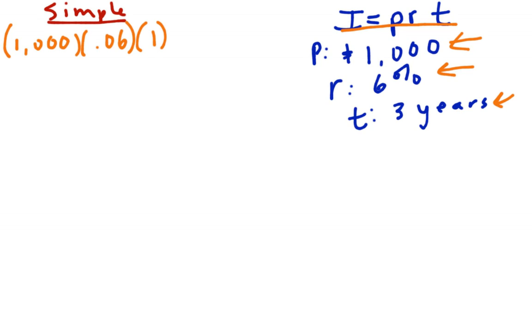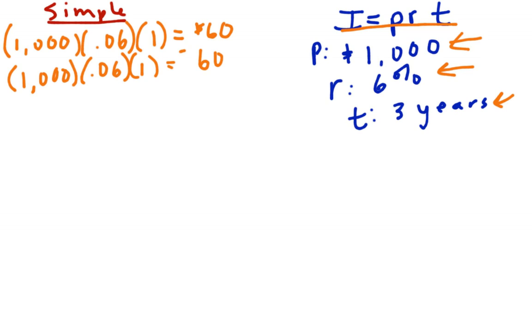Here I'm going to have a little chart year after year. I equals PRT gives me $60 each year. If I write each year out, you can start to see that it looks the same. That's where we get our simple interest calculation, multiplying principal times rate times time. I did it year by year just because we're going to do that with the compound interest.